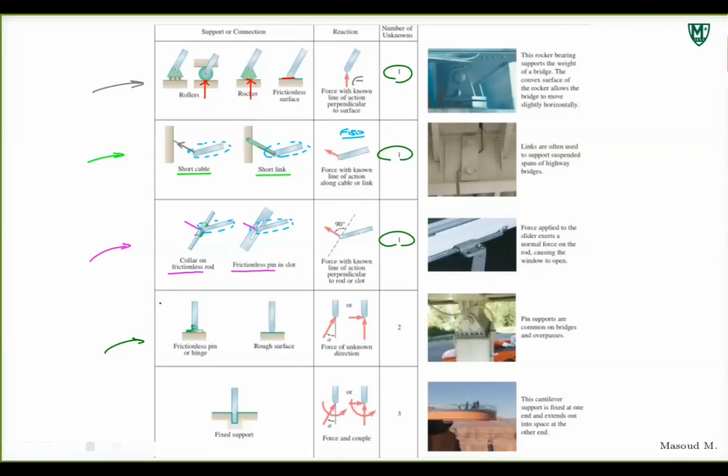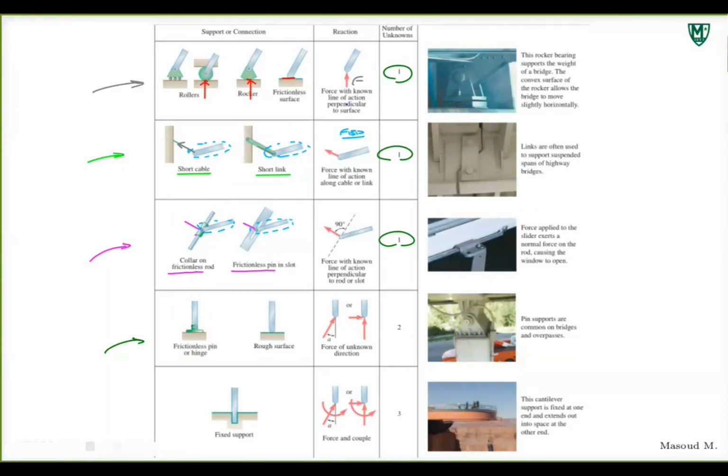So when you remove it, you have to exert, as we said, forces in the opposite direction. If you cannot move to the right, when you remove the pin, you have to put a force from right to left, and if you cannot move upward, from top to down. If you cannot move downward, from down to top, that direction.